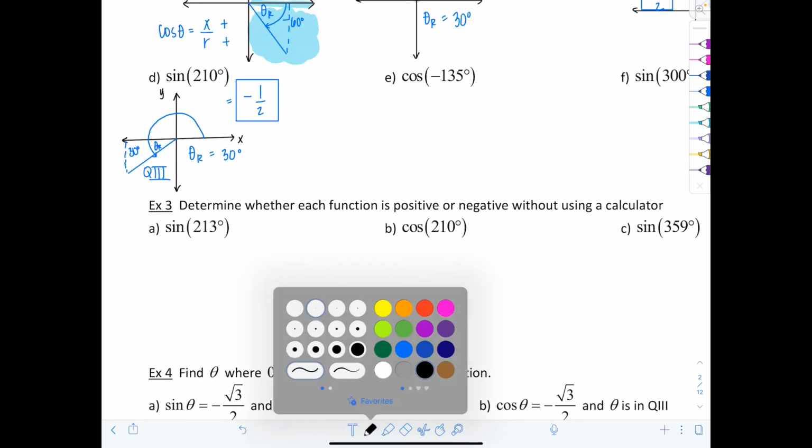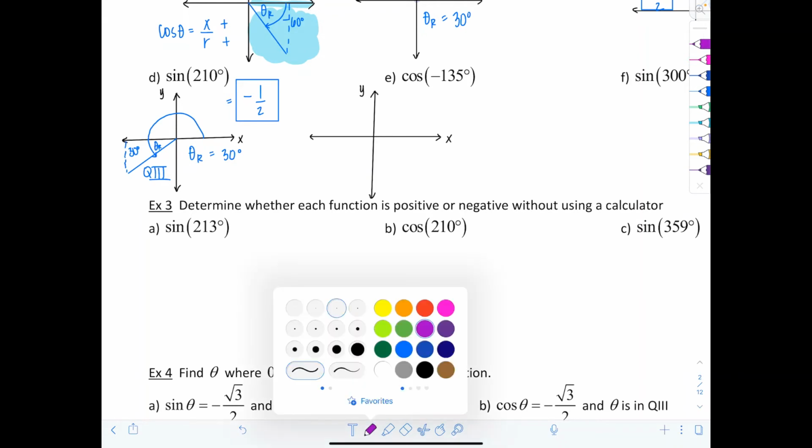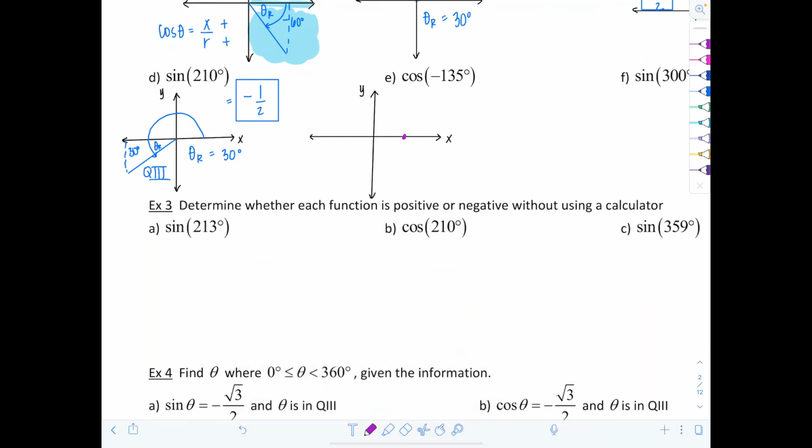Okay, let's try cosine of negative 135 degrees. Ooh, we're spicing things up. We're adding a negative. So that means we're going to rotate clockwise. Let's think. In which quadrant is this angle going to lie? So we'll start on the positive x-axis, but this time I'm going to rotate clockwise. So this would be negative 90, and then you keep going, but not all the way to the negative x-axis.